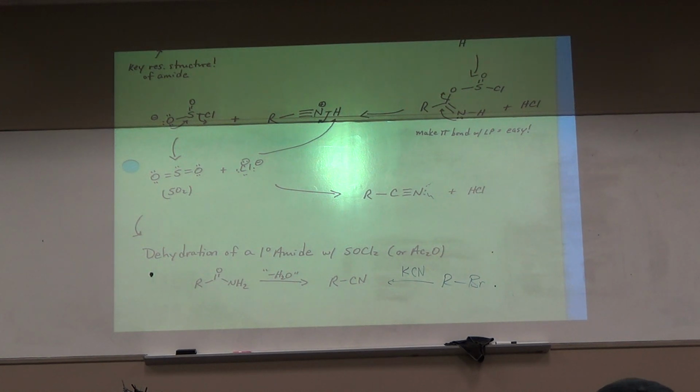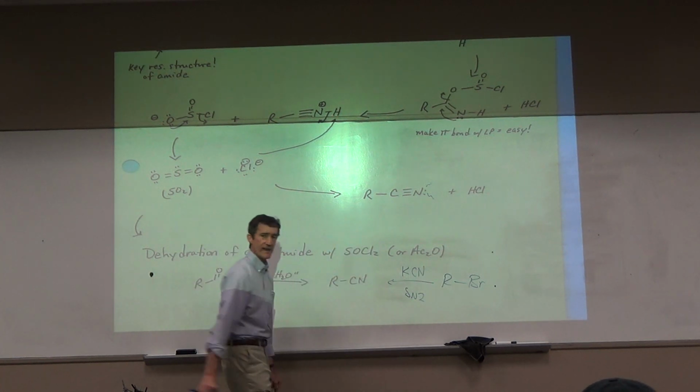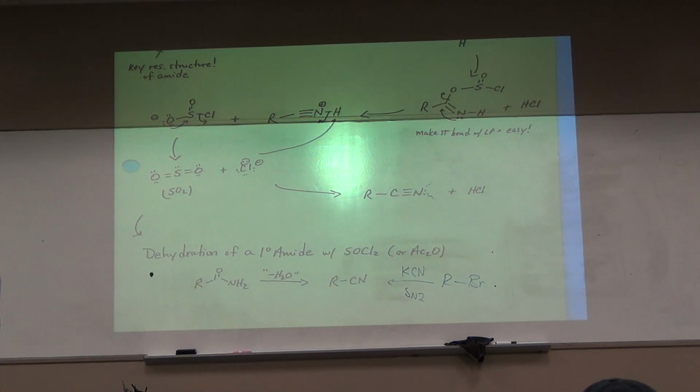That would be a good old SN2, because cyanide can be used as a nucleophile. That's probably the more common way to make nitriles, using cyanide in an SN2. But dehydration of a primary amide is another way.